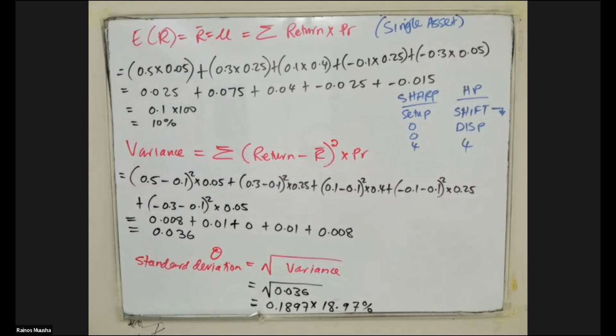So if they ask you to calculate the expected return or standard deviation of a single asset, this is how you do the calculation. Are we on the same page? So please take note of this. If you're asked to calculate the expected return and the standard deviation of a single asset, this is how you should be able to calculate it.